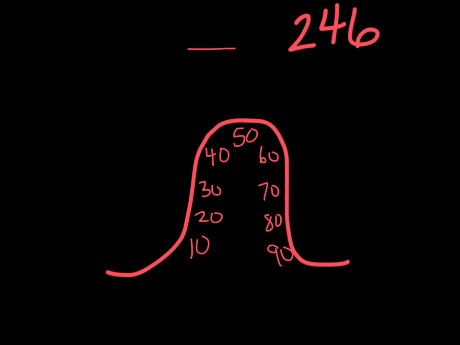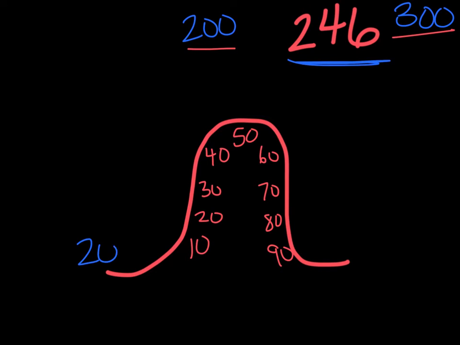Okay, we're still going to think about those benchmark numbers. So think in your head, what are those going to be? 246 comes between what two hundreds numbers? So 100, 200, 300, 400. 246 comes between 200 and 300. Okay. And then I'm going to write my benchmark numbers down here. Sorry. So write those down.